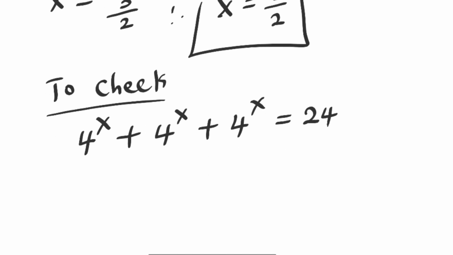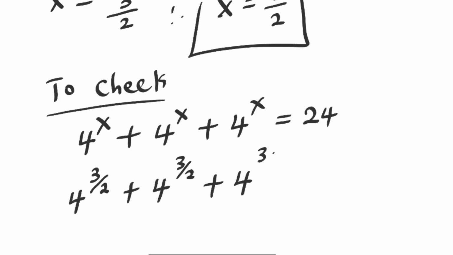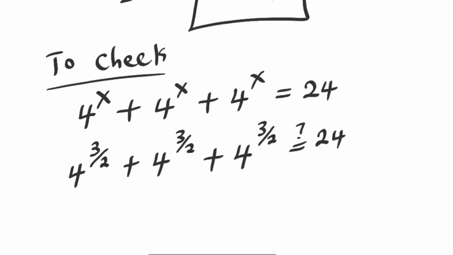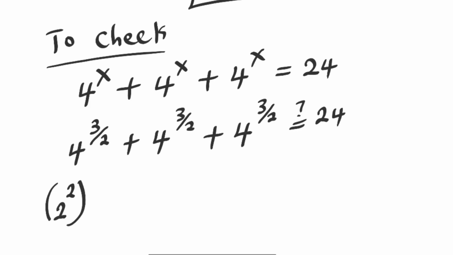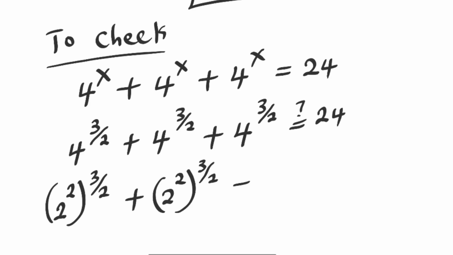And this can be written as 4 raised to power 3 over 2 plus 4 raised to power 3 over 2 plus 4 raised to power 3 over 2 must be equal to 24. Here, 4 can be written as 2 square to the power of 3 over 2 plus 2 square to the power of 3 over 2 plus 2 square to the power of 3 over 2 must be equal to 24.